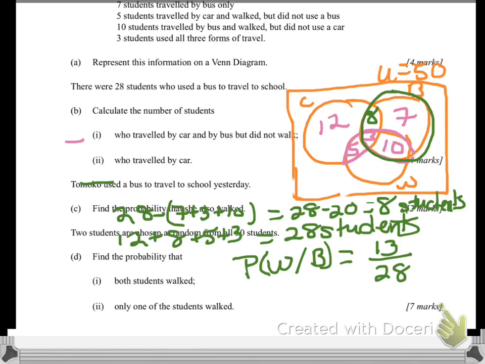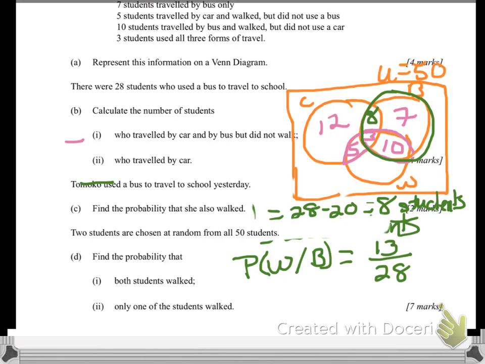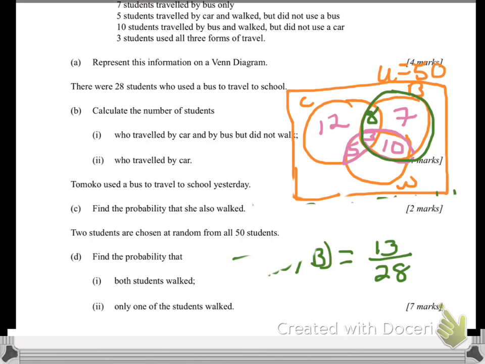I'm going to erase this so I can see this, but I'm going to keep my diagram. Okay, so it says 2 students are chosen at random from all 50 students. Find the probability that both students walked. All right, so how many students do we have walking?